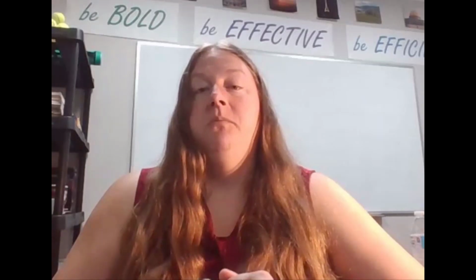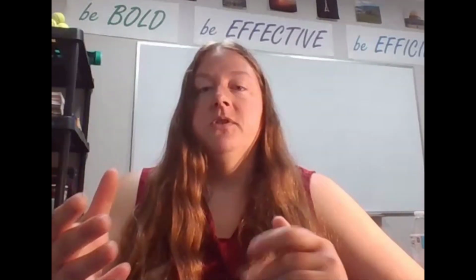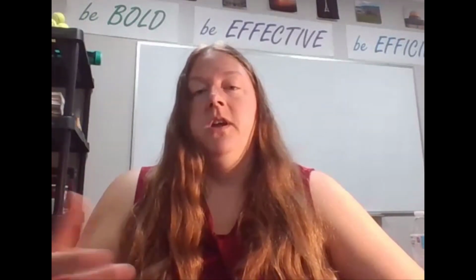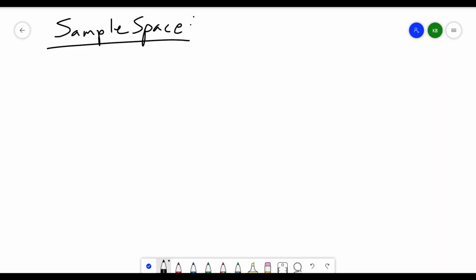So now we're going to jump into the vocabulary and some examples of what that vocabulary really means that we'll be using when we're talking about basic probability. Whenever we talk about the sample space when we're dealing with probability, we're talking about the set of all possible outcomes of a statistical experiment.